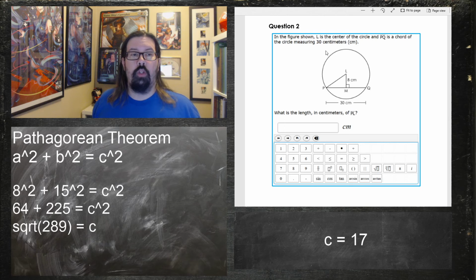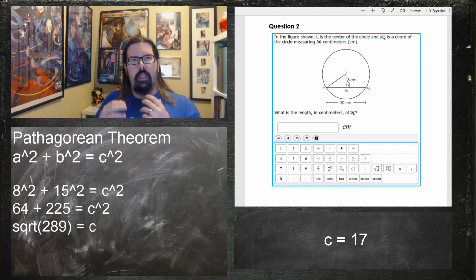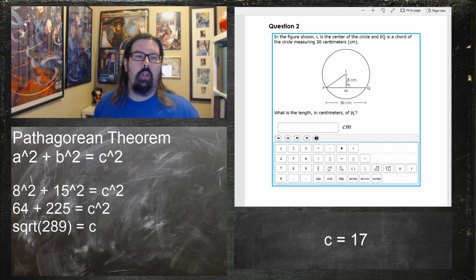Now, if you didn't know that M would exactly be the midpoint of PQ, let's say you don't know chords very well, that's okay. You can imply that from looking at the problem as it's presented. M looks fairly central to PQ.